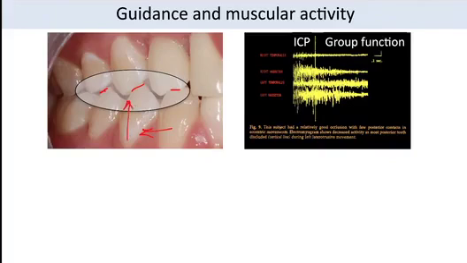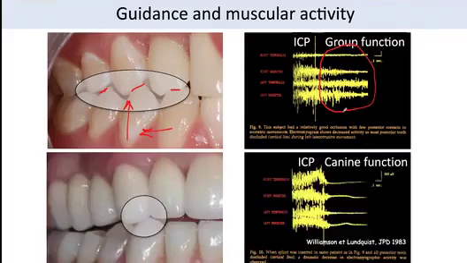You can clench, activate the closing muscles strongly in lateral position because you have a support. And so you can see the strong activity on EMG, intense activity of closing muscles in group function.